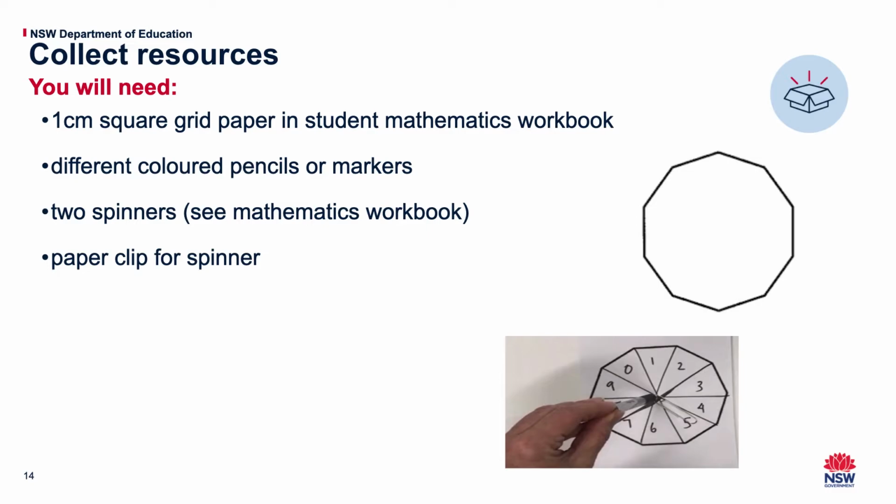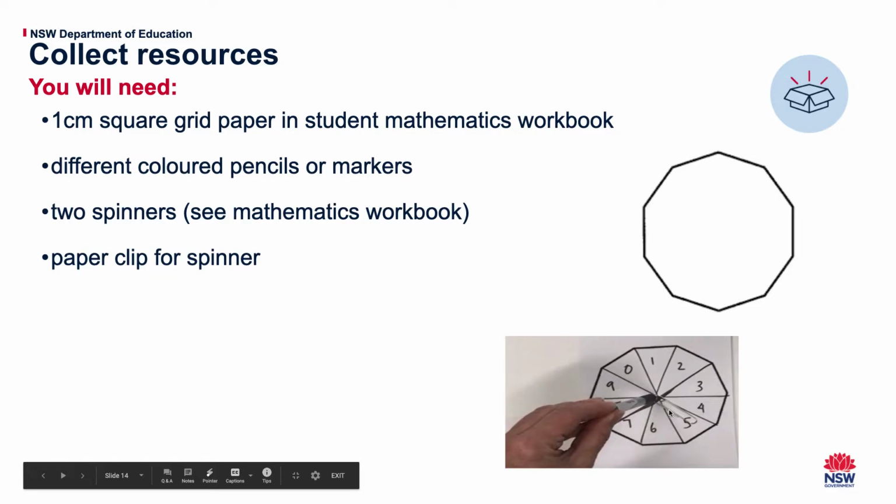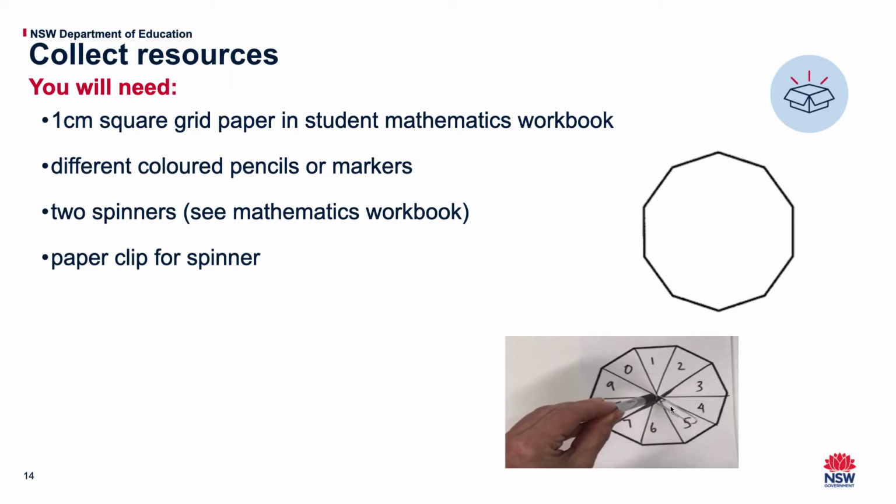See how the paper clip is connected to the pen down the bottom here? The pen's just in the middle. The paper clip is through it. So you lay the paper clip down, you put the pen in the middle, and then you spin the paper clip around and see where it lands. Kind of like what we do with the fidget spinners when we're doing math activities. Okay.